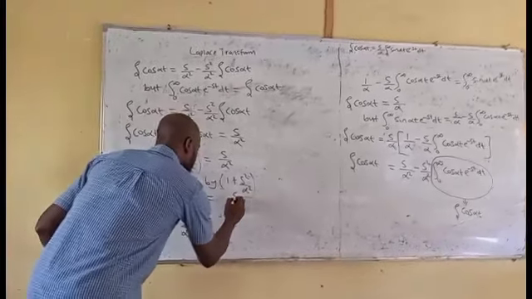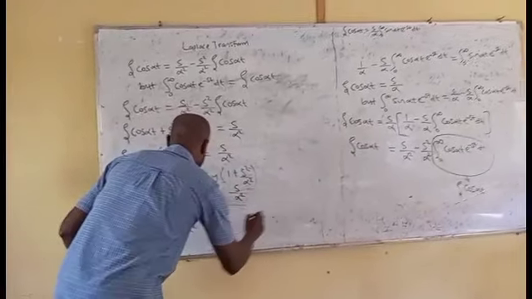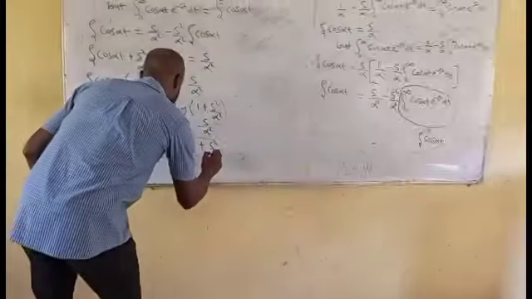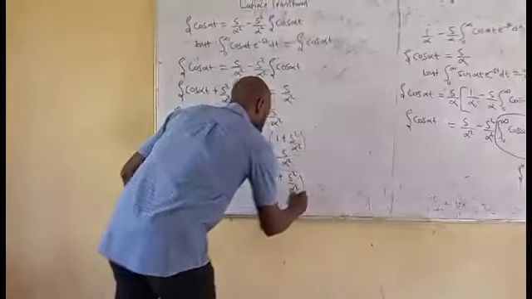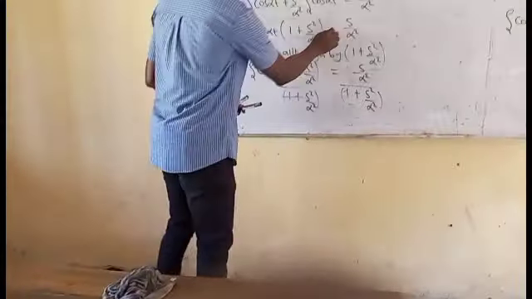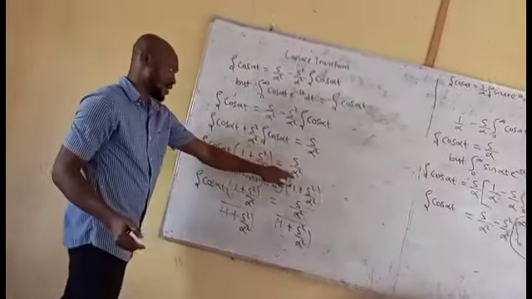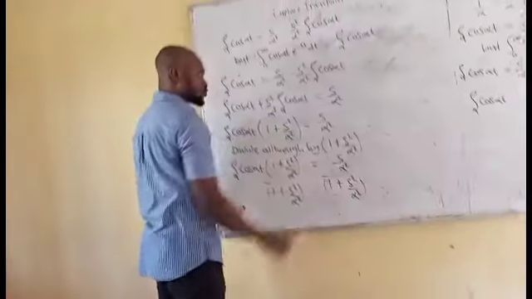So it is equal to x over alpha squared divided by 1 plus x squared over alpha squared, because this x here is equal to x over alpha squared.